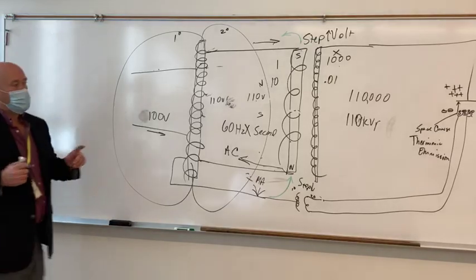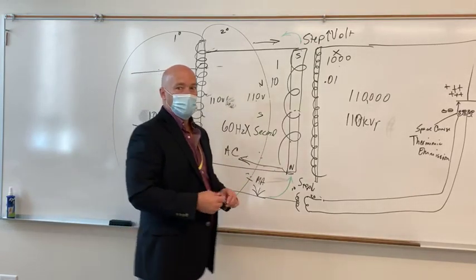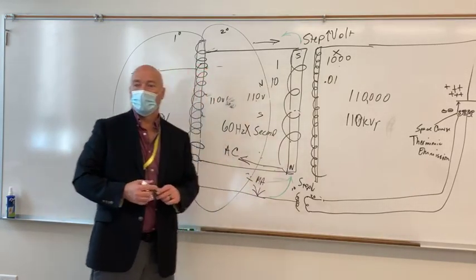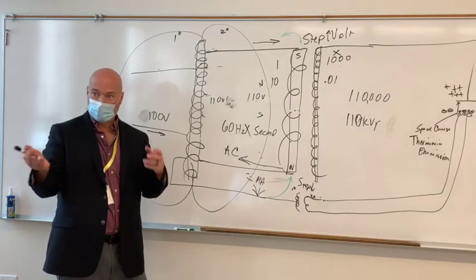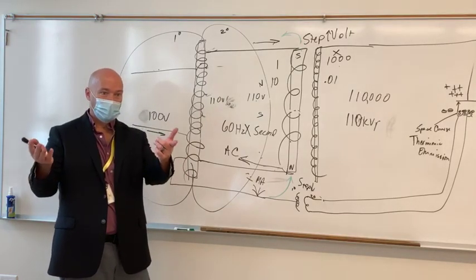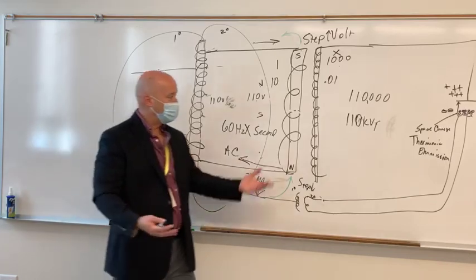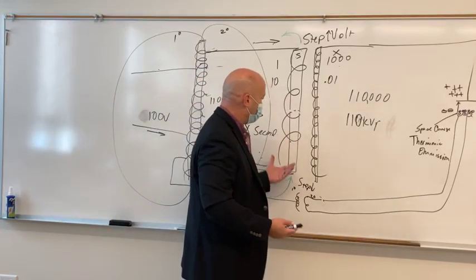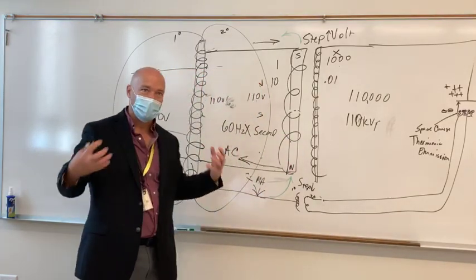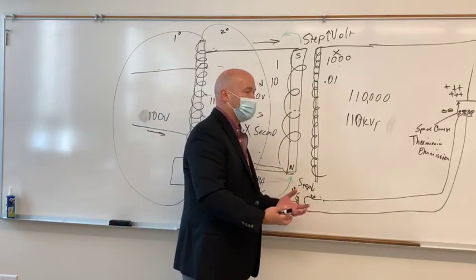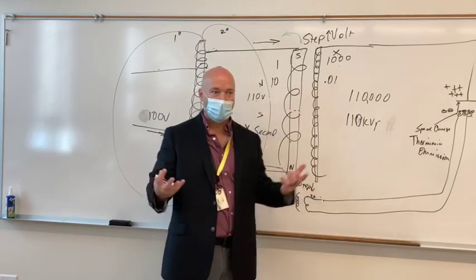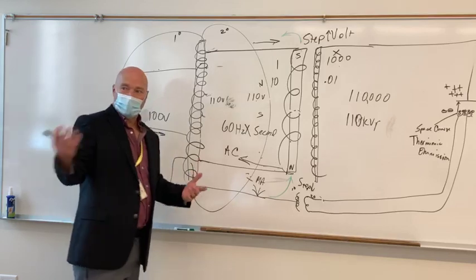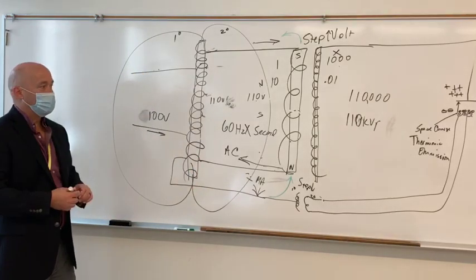Okay? So why do we put an iron core in it? It's ferromagnetic, to induce a magnetic field also in the ferromagnetic material to join the magnetic fields so that you get a stronger magnetic field. That's all it's for, is to just create a stronger magnetic field.